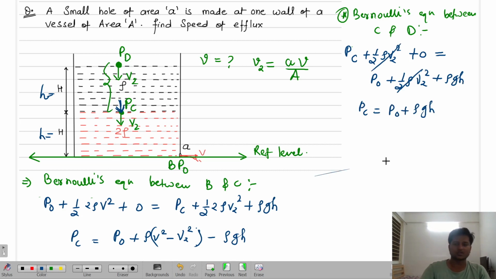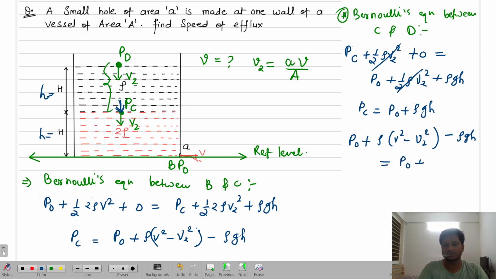If you equate these two equations, you get P naught plus rho times V square minus V2 square, minus rho GH, is equal to P naught plus rho GH.